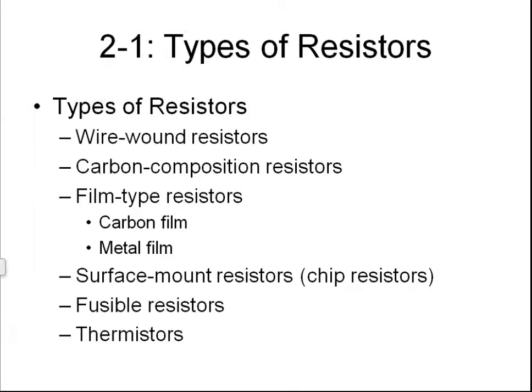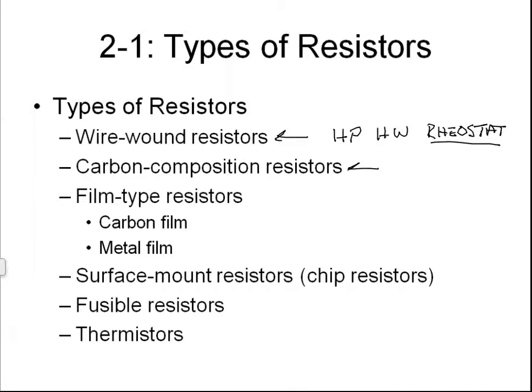So we just looked at some of these resistor types. There's the wire wound, which are generally high power and high wattage. They're also quite handy. They're used in rheostats, which is a type of adjustable resistor.